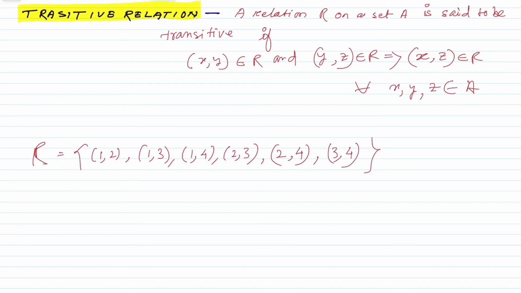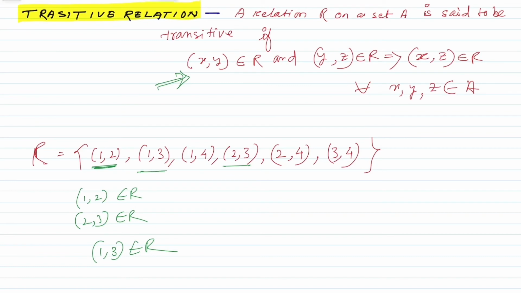This is an example of a transitive relation. Comparing with the definition, it contains (1, 2) and also (2, 3), so to be transitive it must contain (1, 3).